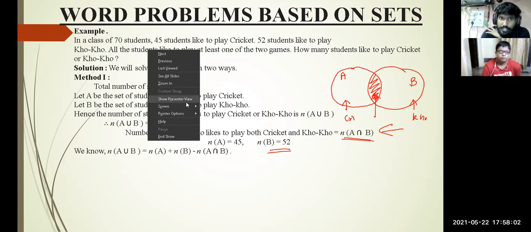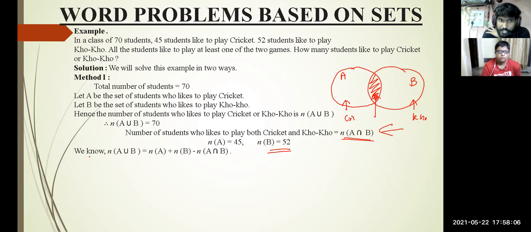Now what you do is you just substitute the values. So what is N of A union B? 70. N of A? 45. Plus N of B? 52.